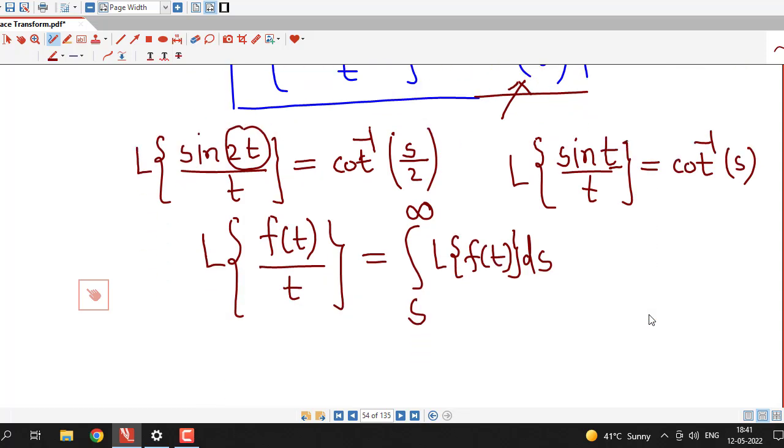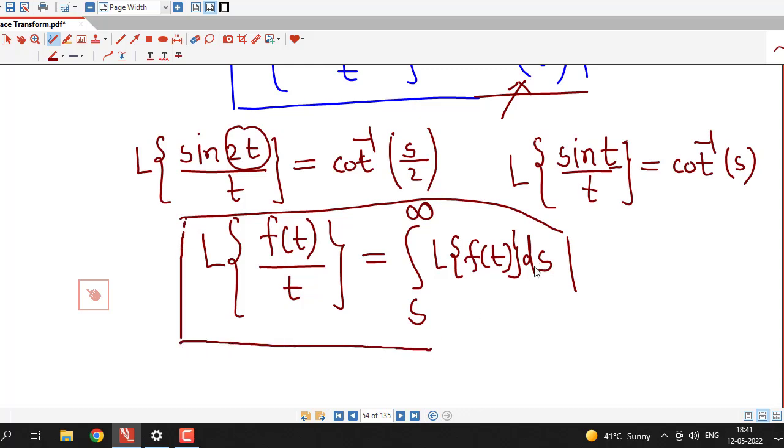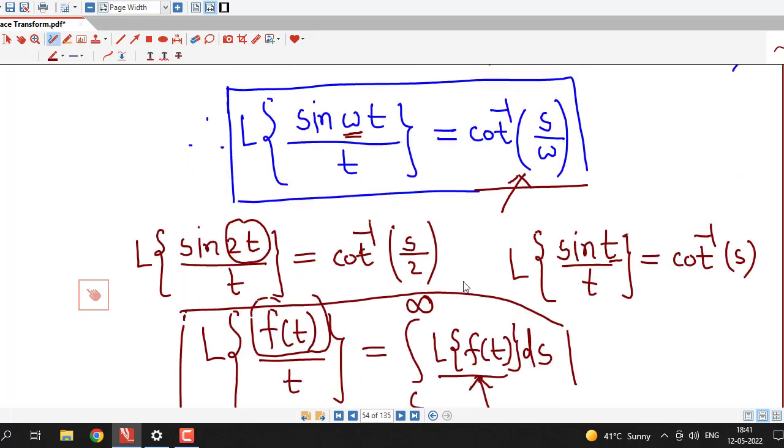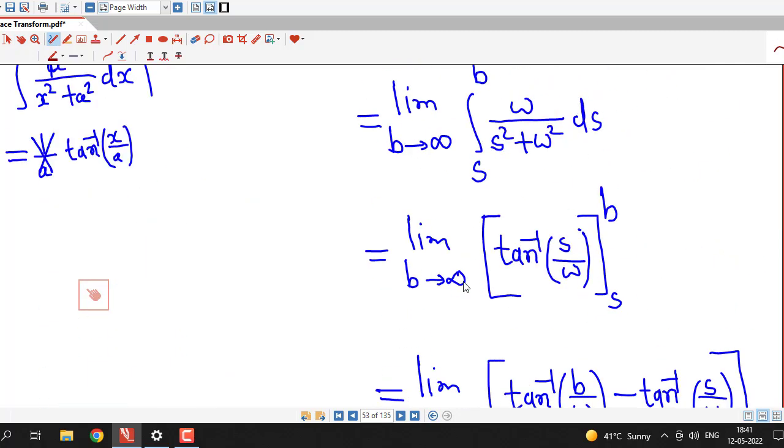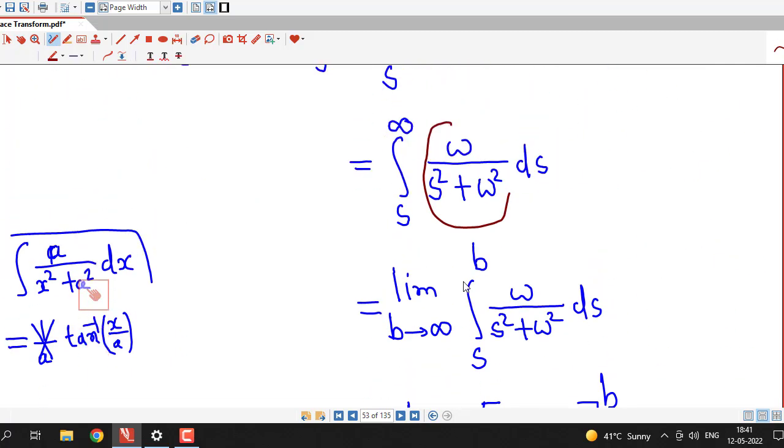In all the cases we are just applying this formula, the Laplace transform of division by t. So we just have to obtain the Laplace transform of the function and then integrate with respect to s, and be careful, this is an improper integral. So we use the definition of improper integral.